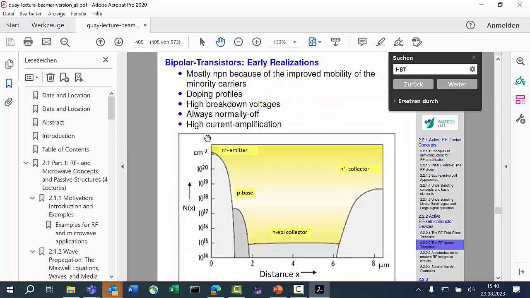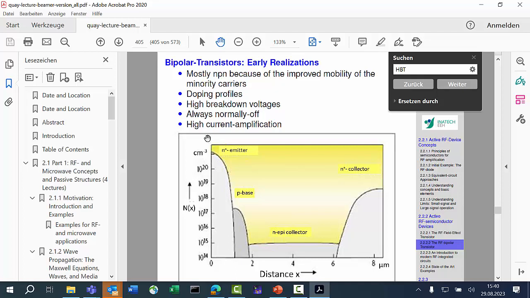So the early idea was you put both carriers, electrons and holes, in a device, and you see here what the issue is. You have to keep the emitter concentrations high to get a very low resistance, and then if you need a P base, which you also want to dope as high as you can.